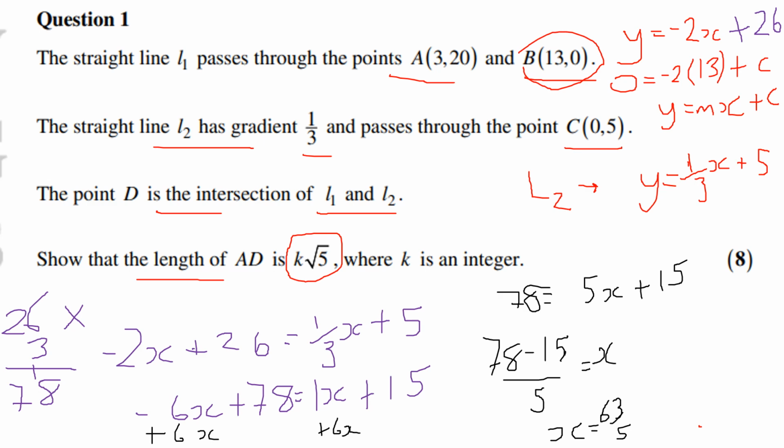If I sub it into this one, it's a bit easier. So I'm going to have minus 2 lots of 63 fifths, and then plus the 5. So y equals minus 126 fifths plus 5. 5 can be written as 25 fifths.